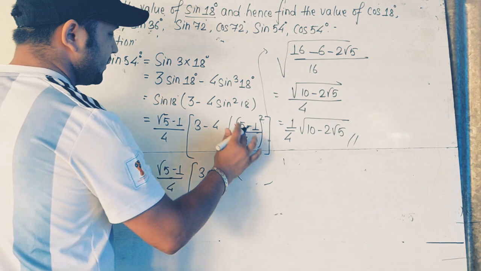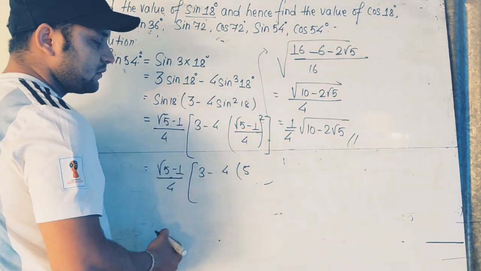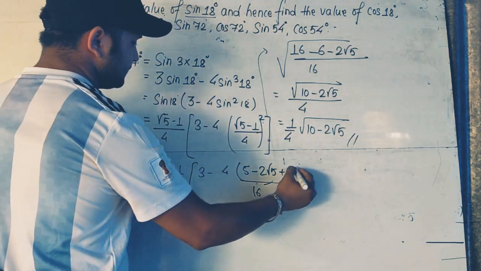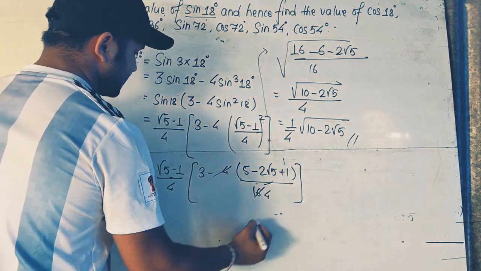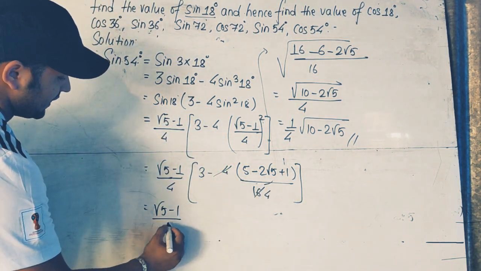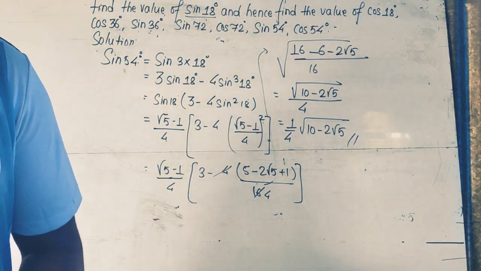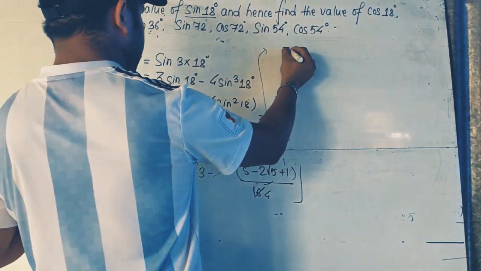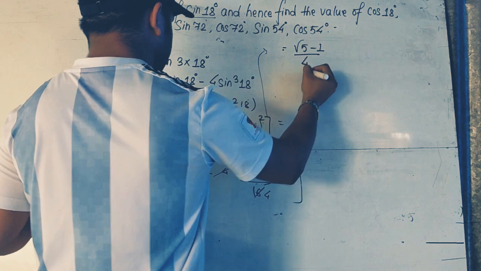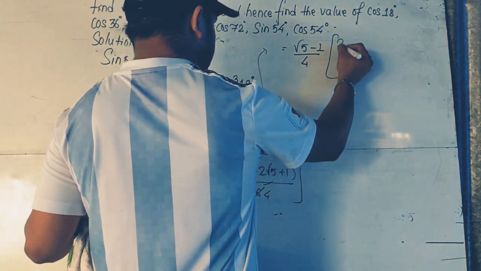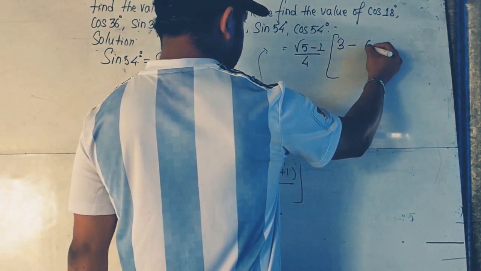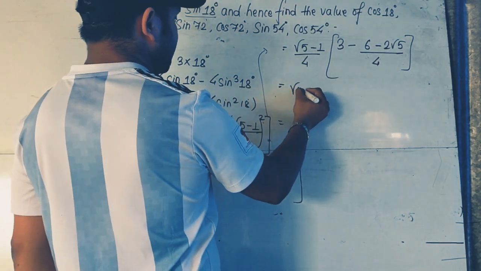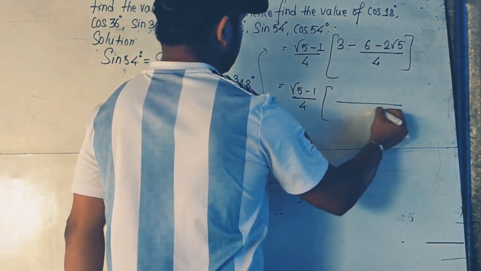Now you can use the formula of a minus b whole square in the numerator, which is a square minus 2ab plus b square, divided by 16. 4 4s are 16. Now you have here root 5 minus 1 by 4, and also 3 minus, the 5 plus 1 gives you 6, minus 2 root 5 divided by 4 in the denominator. Now you can take the LCM here and simplify it.